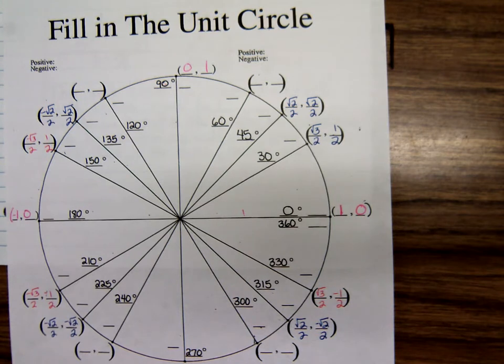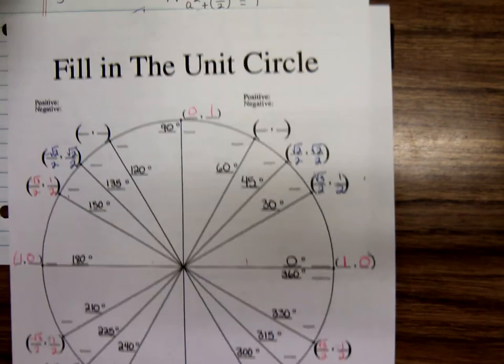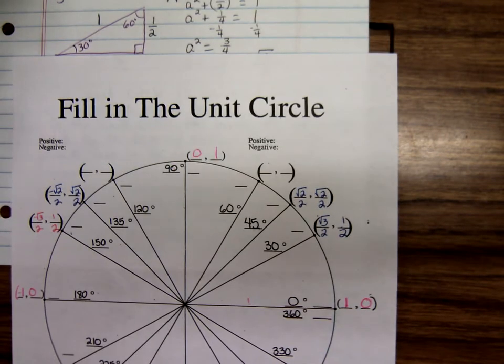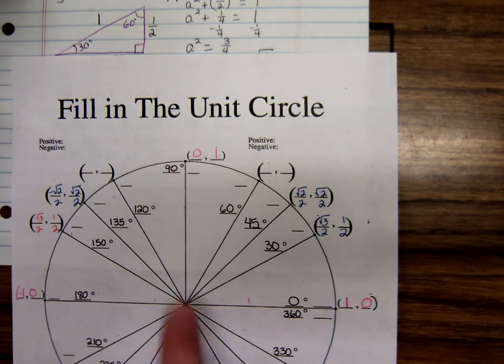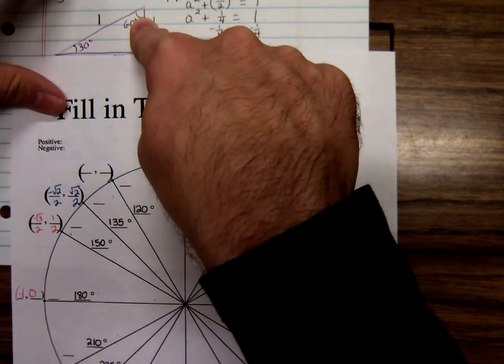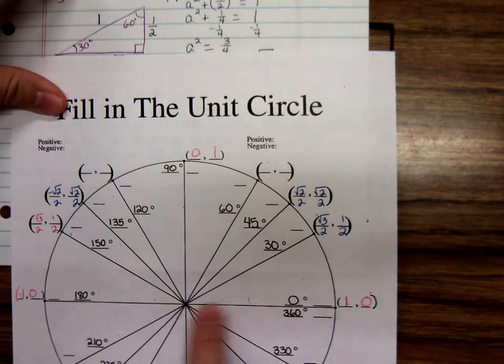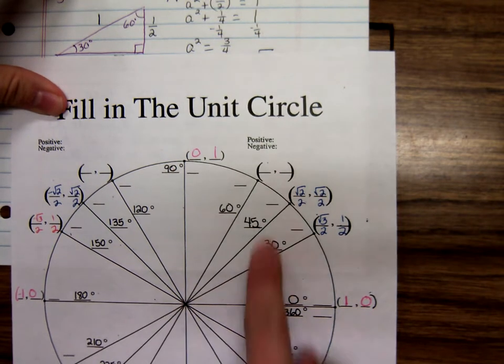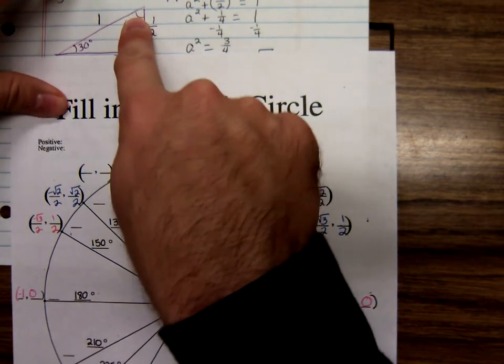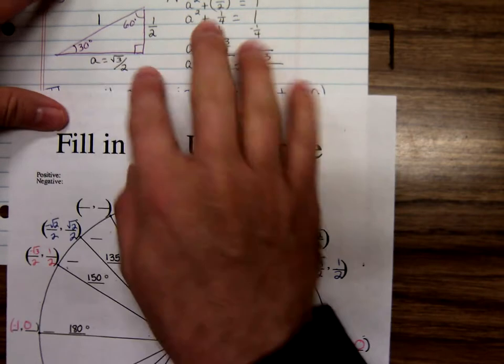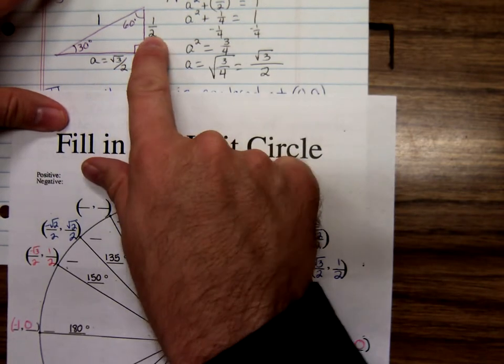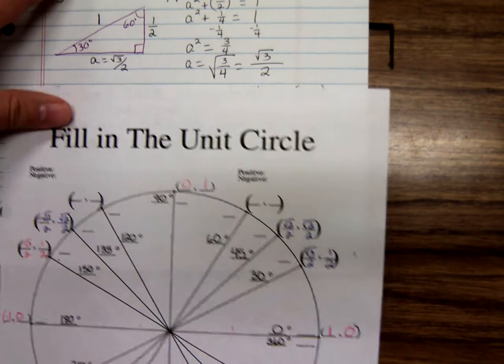And then at 60 degrees, it's just these reversed. If you took your 30, 60, 90 right triangle and moved it around so that the 60 were down here, then the important thing is the side opposite the 60 is the longer side. The side opposite the smaller angle would be the shorter side.